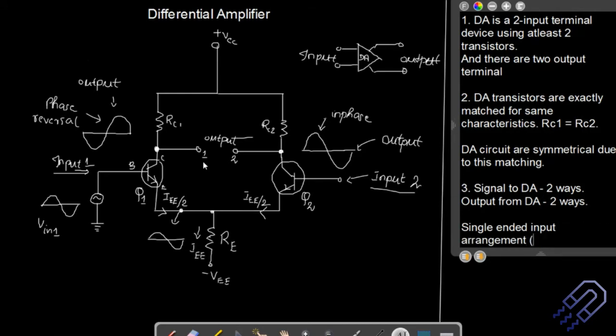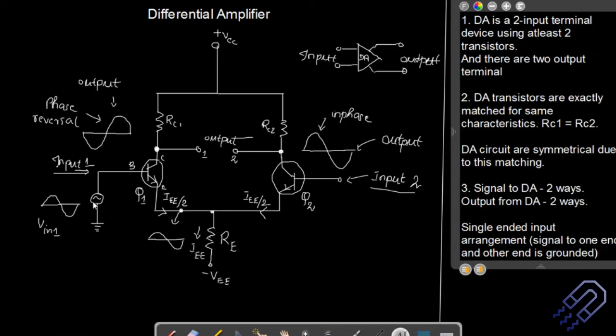What does it mean? The signal is given to one end, and the other end is grounded. In this particular case, maybe we can ground this side. This is not grounded, please remember this. This is the signal that we are applying.